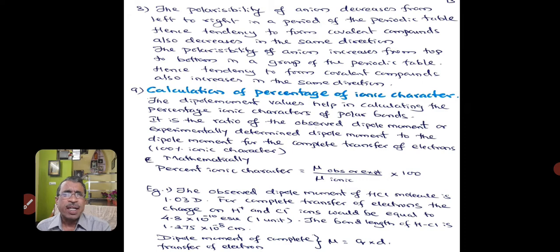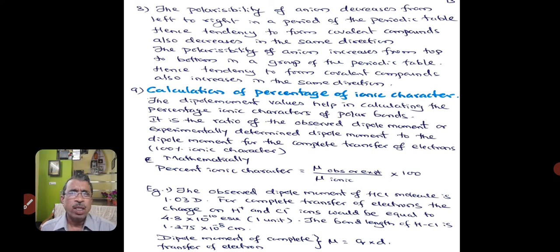Let us take some problems based on this equation. The first problem: the observed dipole moment of the HCl molecule is 1.03 Debye. For complete transfer of electrons, the charge on H plus and Cl minus ions would be equal to 4.8 into 10 raised to minus 10 ESU, and the bond length of HCl is 1.274 into 10 raised to minus 8 centimeter.